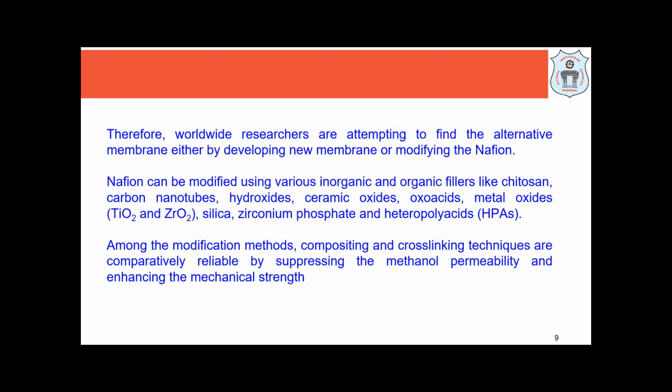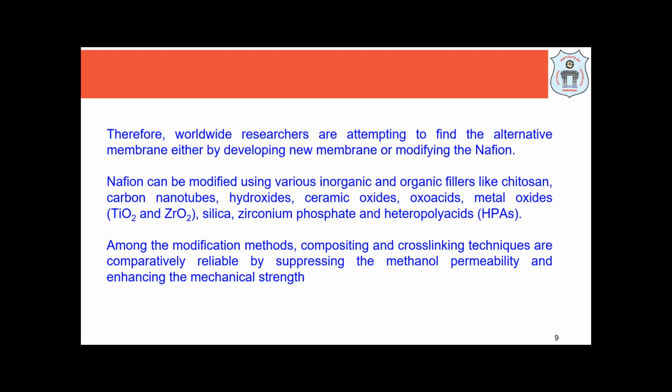So that's why researchers worldwide are attempting to find alternate membranes, either by developing a completely new membrane or by blending something with, or modifying, the Nafion membrane. For example, Nafion can be modified by combining with carbon nanotubes, carbon nanofibers, or chitosan-based biopolymers.